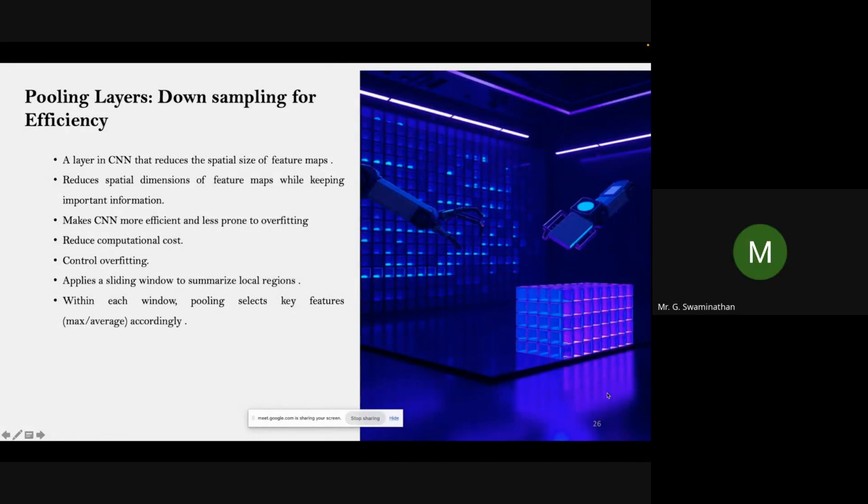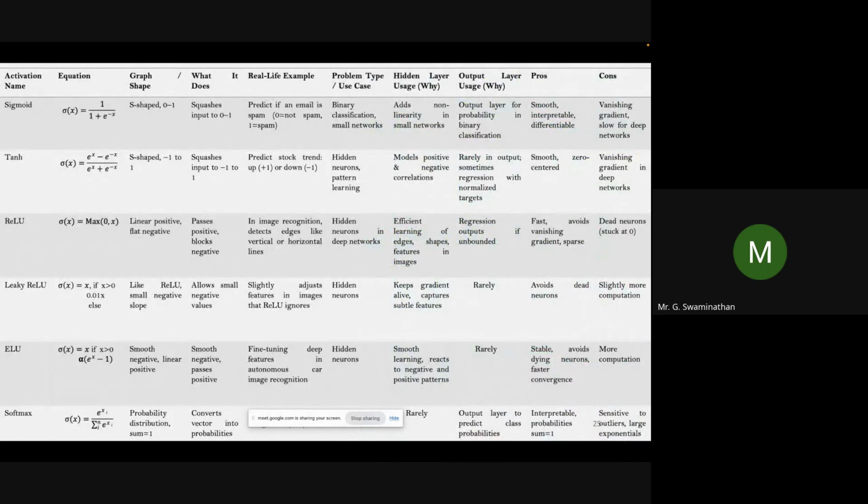Is there any limitation for activation functions? Limitations? Yeah, we are not supposed to use this kind of function beyond activation. As I mentioned, in an activation function, first it should be non-linear, correct? A linear function does not make any sense.